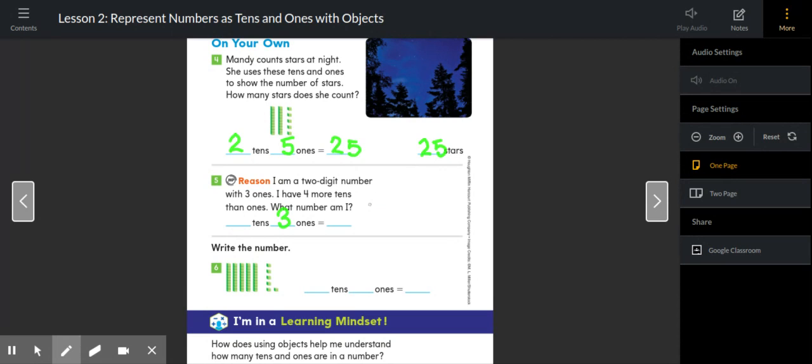I have 4 more tens than ones. So if we have 3 ones, what's 4 more than 3? I know you guys know that. 4 more than 3 is 7. So 7 tens and 3 ones is the same as 73.